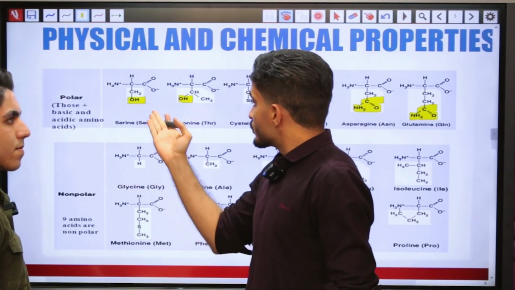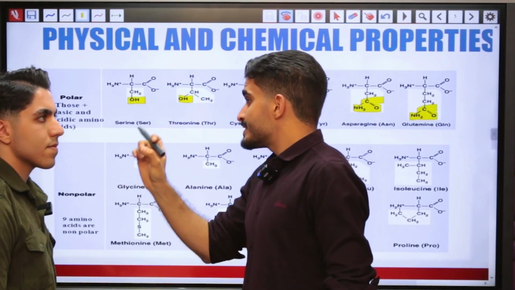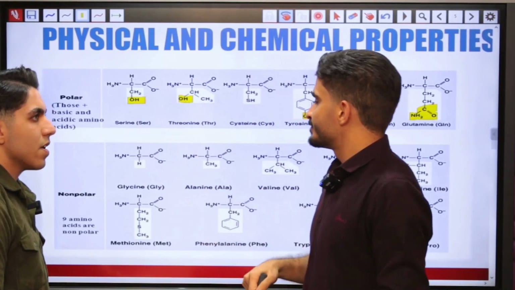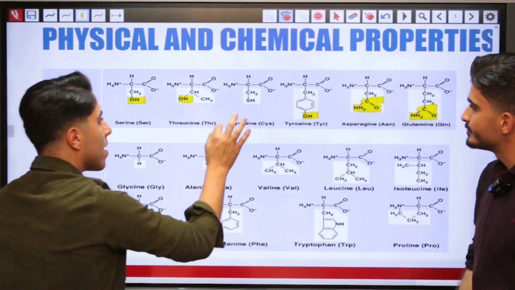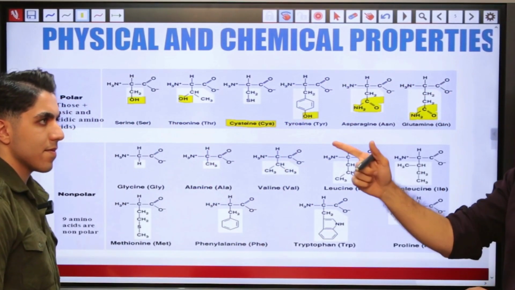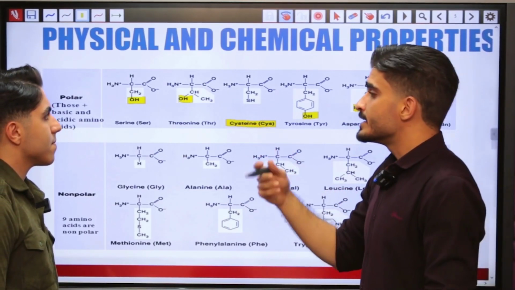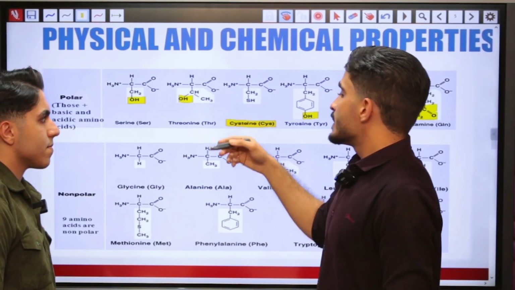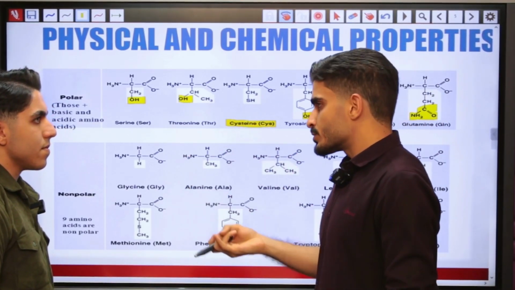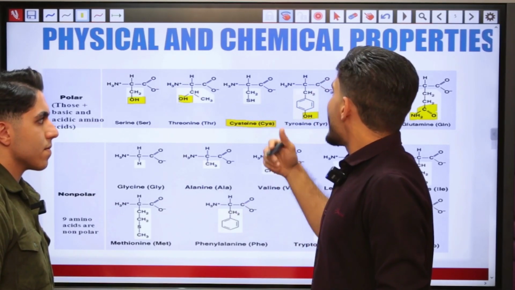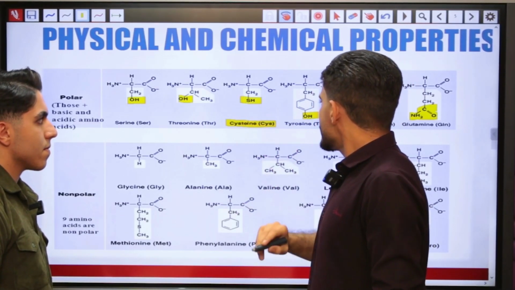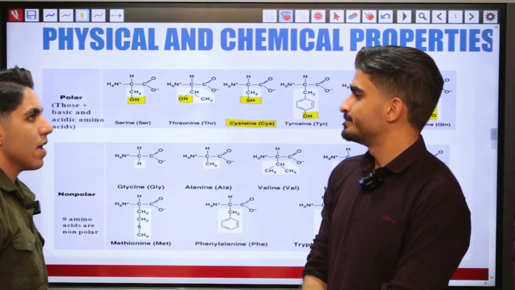You know that hydroxyl group contains the oxygen. Yeah, of course. But how about cysteine? Good question. The cysteine is considered polar due to its electronegativity number and its free terminal sulfur.